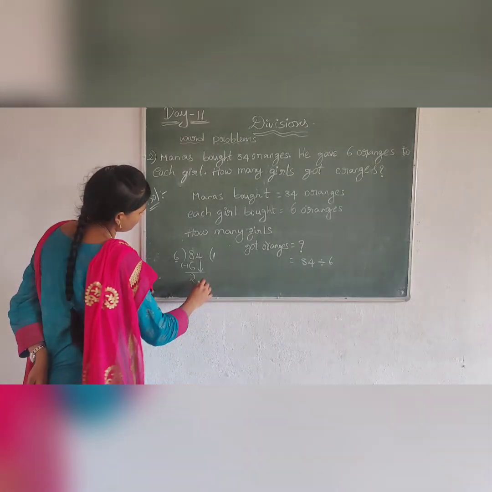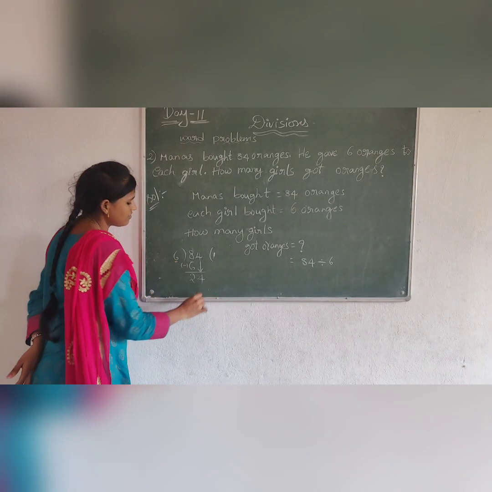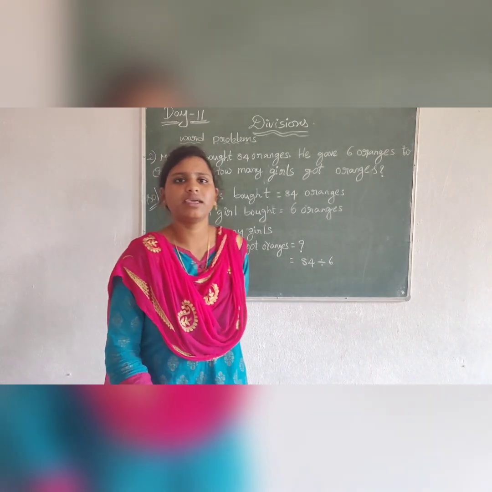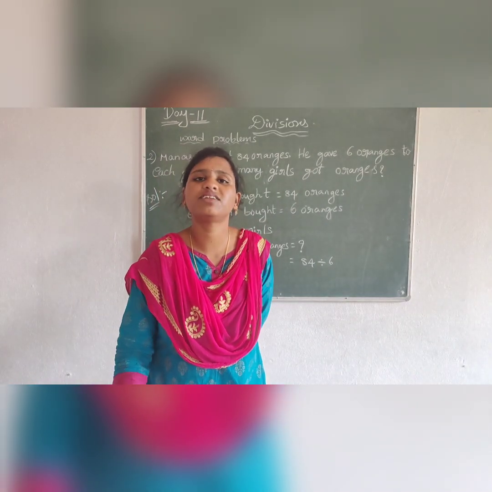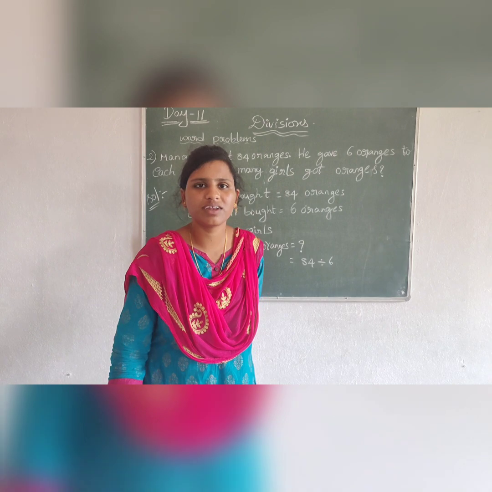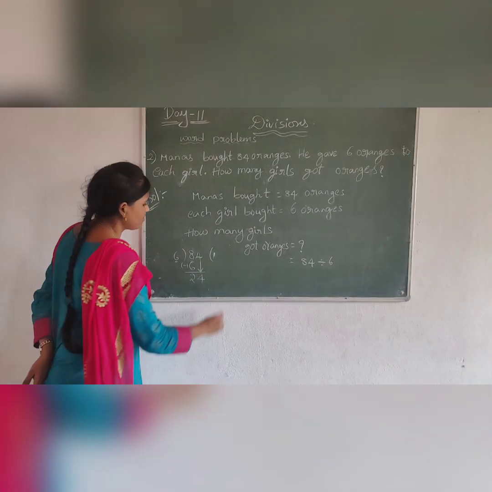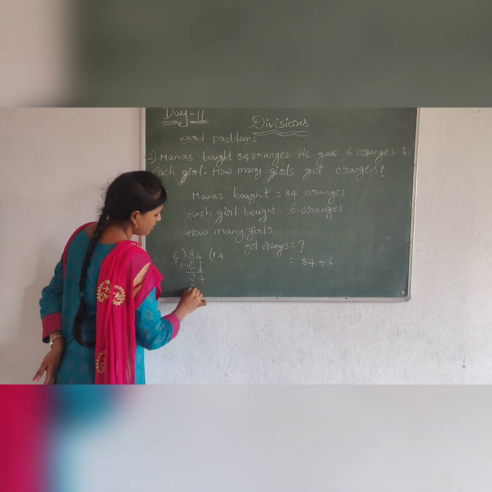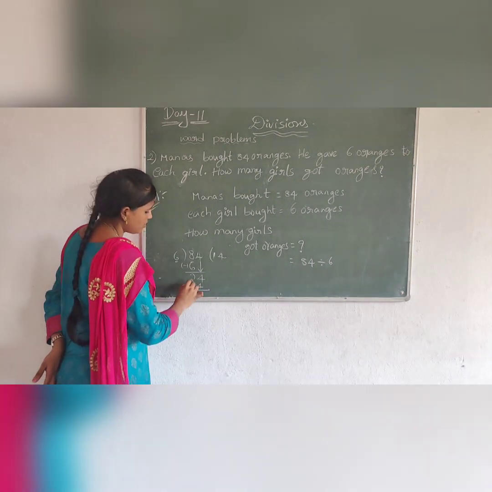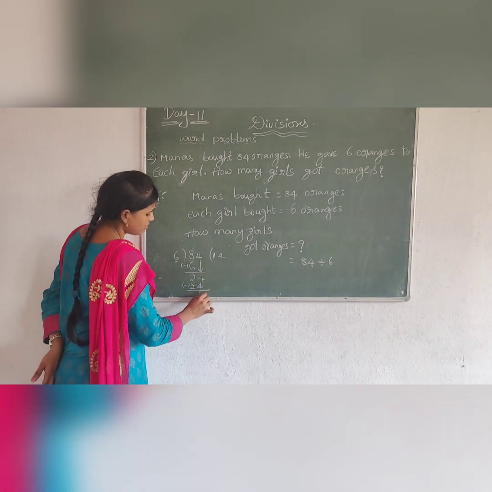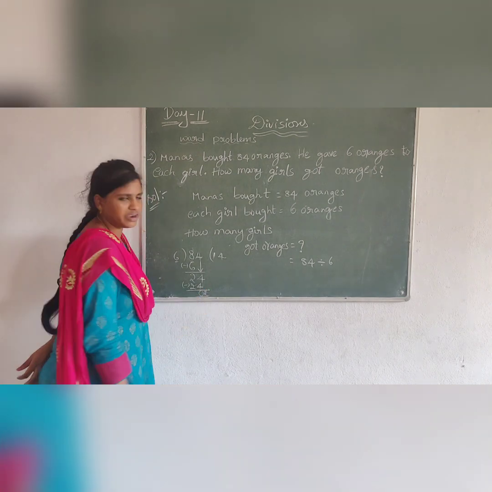And what is the next number? 4. 6 is cancelled in 24. In which table? How many times does it cancel in 24? 6 fours are 24. If you do the subtraction, the resultant is 0 remainder.